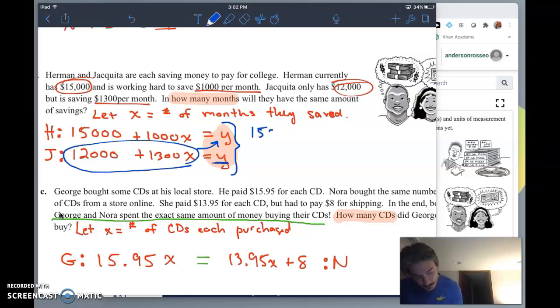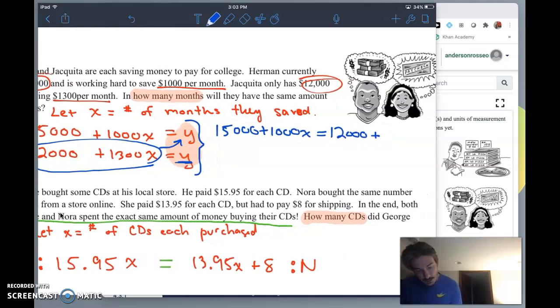Check this out. 15,000 plus 1,000x equals, right, there's that substitution piece, and instead of writing Y, I'm going to write 12,000 plus 1,300x.